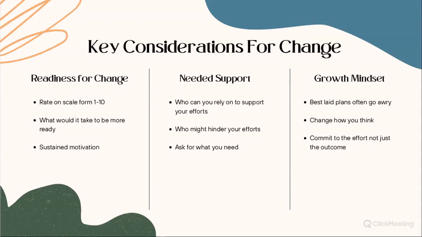So if you're a 5 or below, then you probably want to think about what it would take to be more ready, and what you can do to help sustain your motivation. These are things that you definitely want to consider as you're writing or brainstorming through your goals.